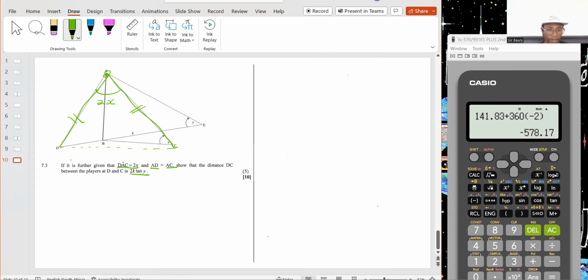Now, we have a triangle. We have two known sides, right? Because we know AC already. AC is equal to K tan Y all over sine X. Then we know an angle again. These are conditions. If you see a triangle with two known sides and an angle, it has to be included.